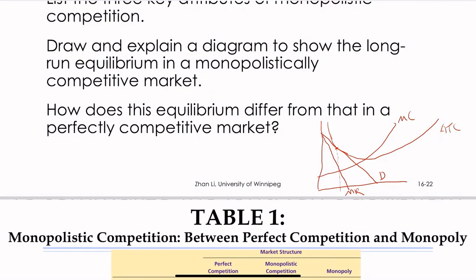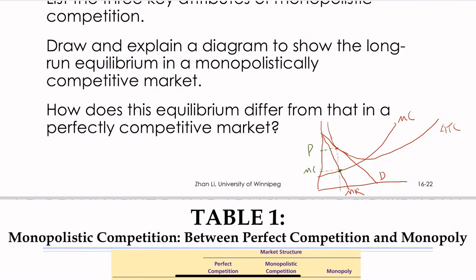So there are two main differences, right? The first difference is we have a price which is larger than the marginal cost, right? So this is the marginal cost. And this is the positive markup, which will generate inefficiency.